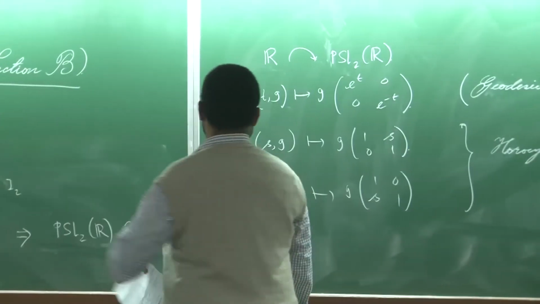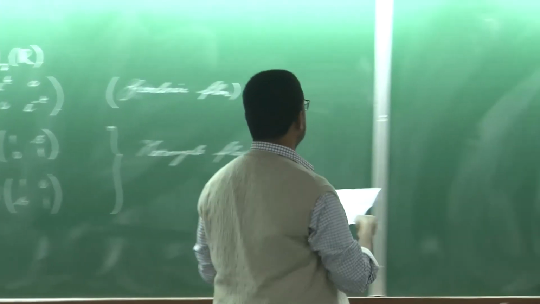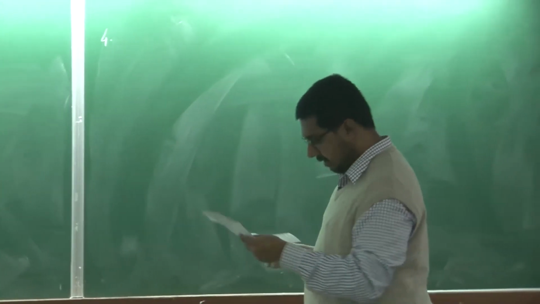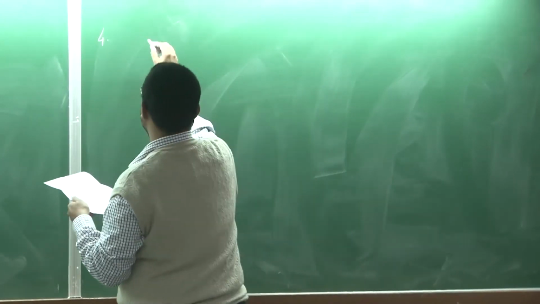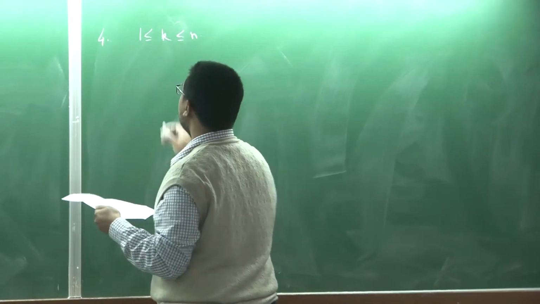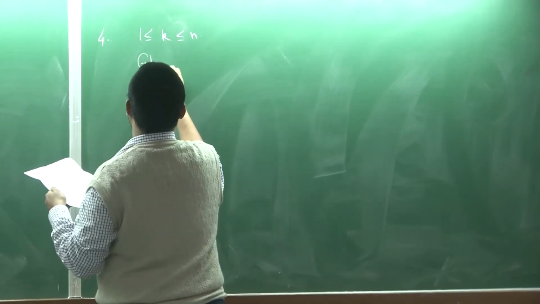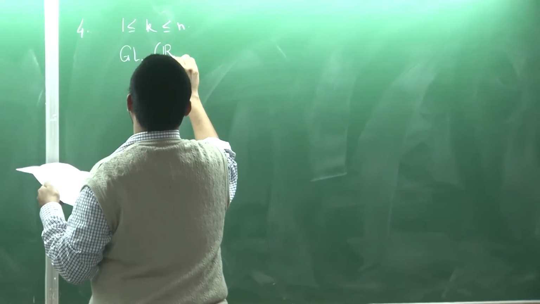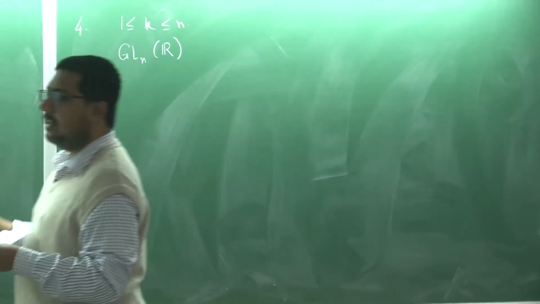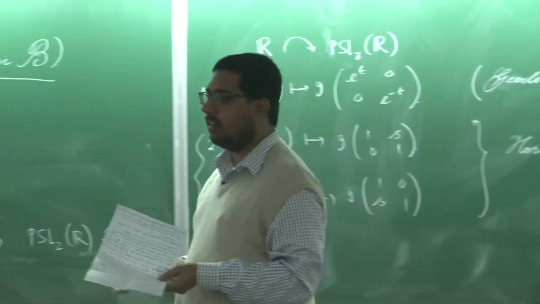Okay. Now let us come to the action. Let k be at most n, and we have GLnR. GLnR acts on the collection of all discrete subgroups of rank k of Rn.